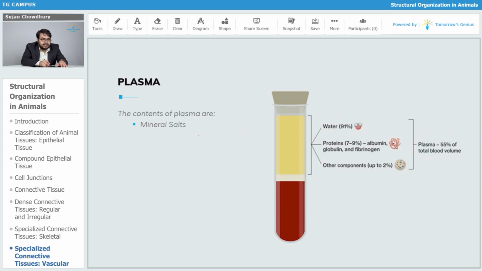The components of plasma are the mineral salts, the nutrients, and the plasma proteins, namely serum albumins, globulins, and so on.